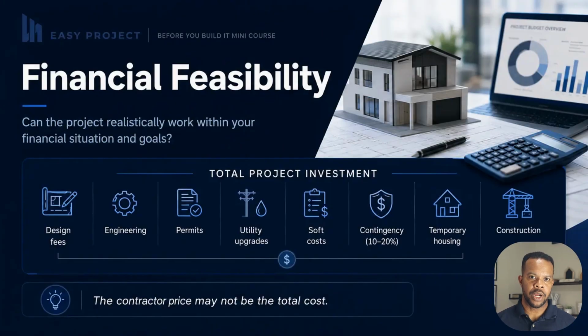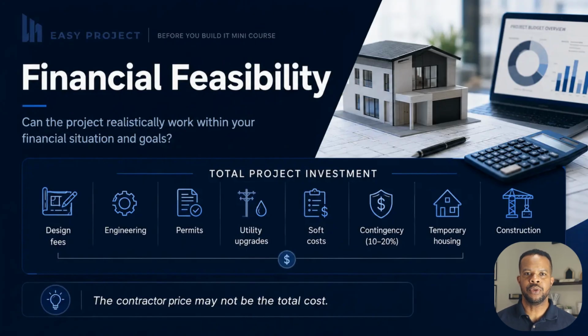The third category is financial feasibility, and this is where owners need to be very honest. Financial feasibility means, can the project realistically work within your financial situation and your goals? Not just the construction price alone, the total project investment.